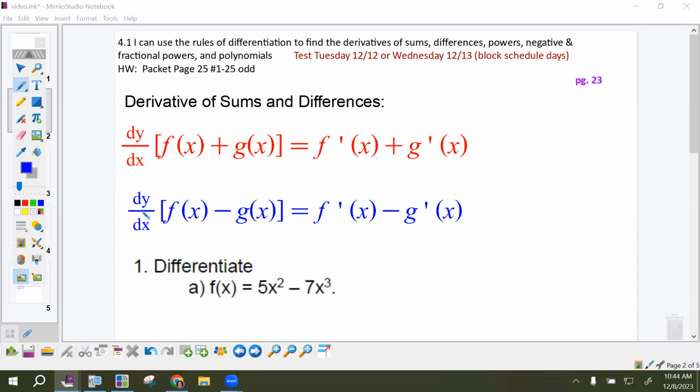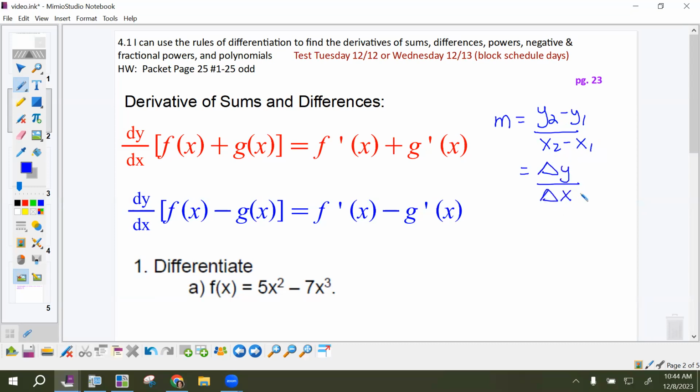This dy dx notation is new for us, so I'm going to explain where it comes from. The derivative, we know, is slope. So slope is y2 minus y1 over x2 minus x1. Well, for slope, some mathematicians write the difference of y as delta y and the difference of x as delta x.